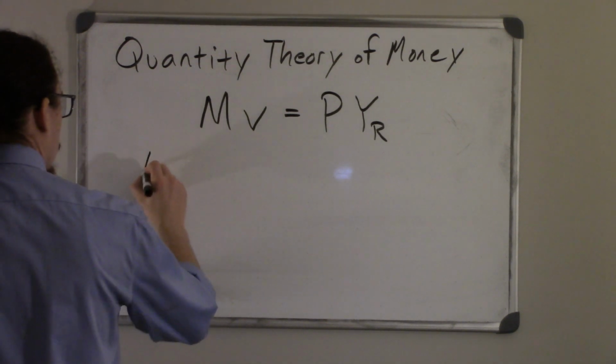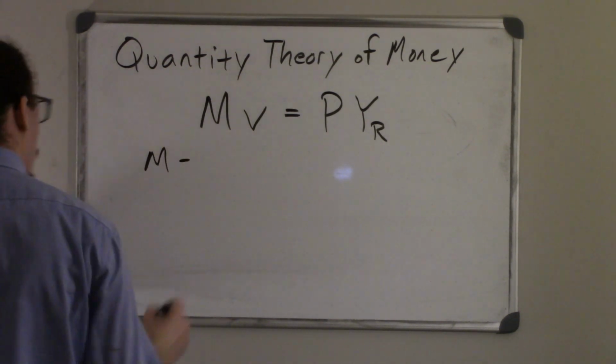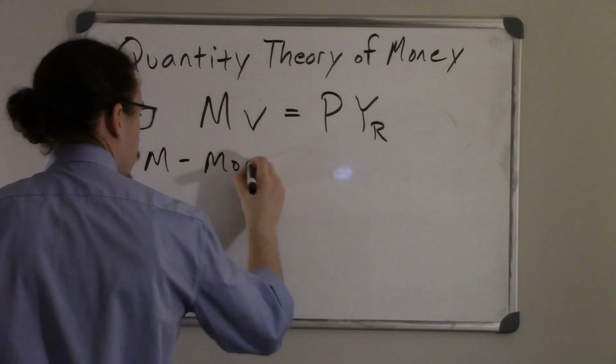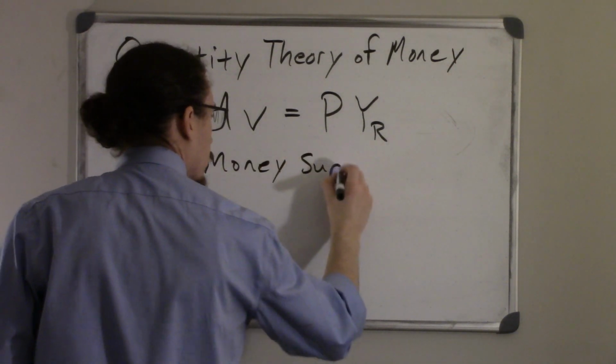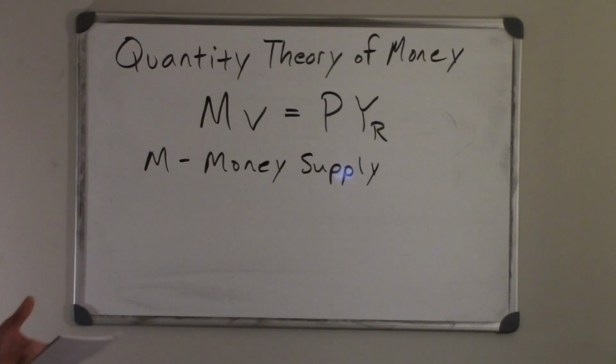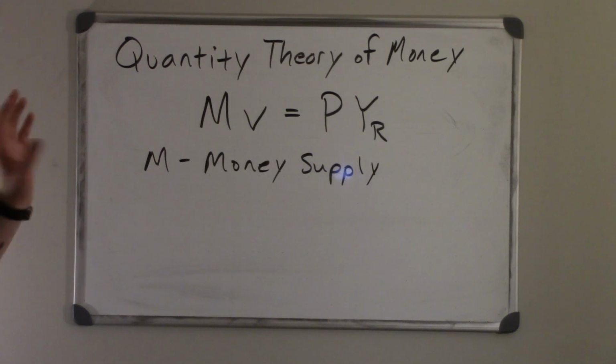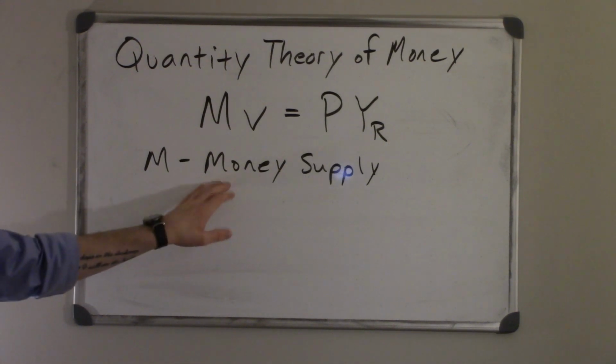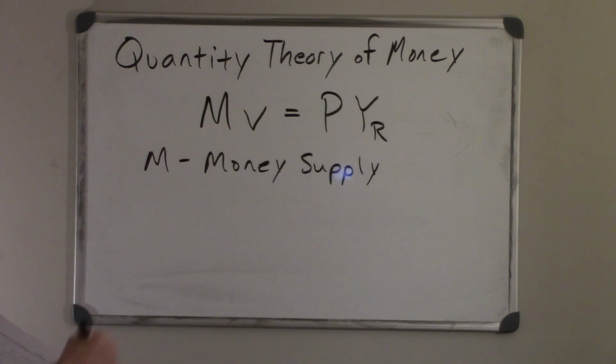Let's define some of these variables. M is the money supply: how much money in terms of cash and also in terms of electronic savings, in people's savings and checking accounts and so on, is out there?